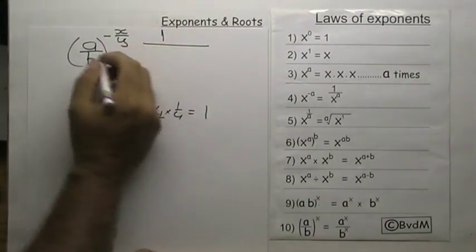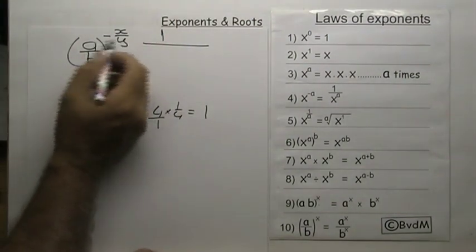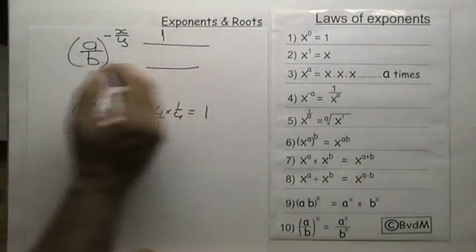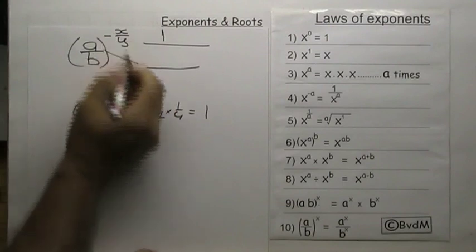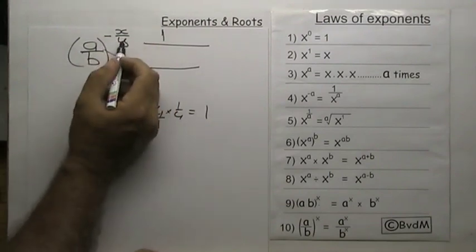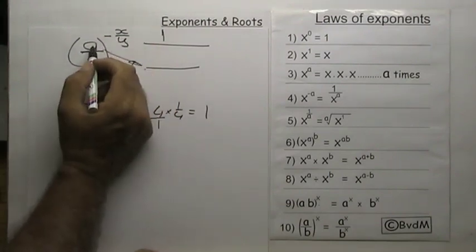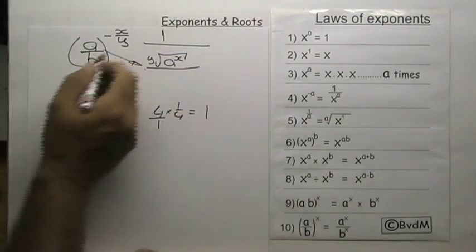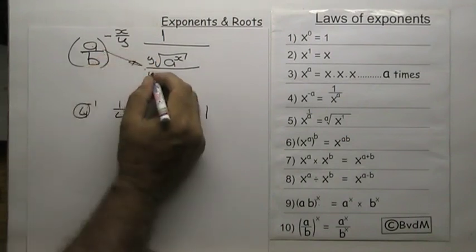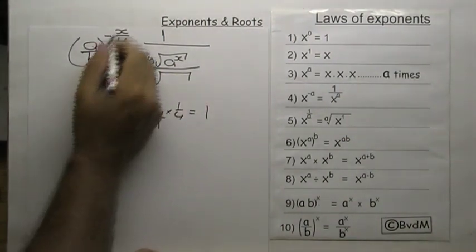So now, that minus, I don't have to go and put this 1 over, and now I need to apply that law to both of these things. There's a big line, that's the line. And now, what I'm going to do is the yth root of a to the x, and at the bottom I'm going to have the yth root of b to the x.